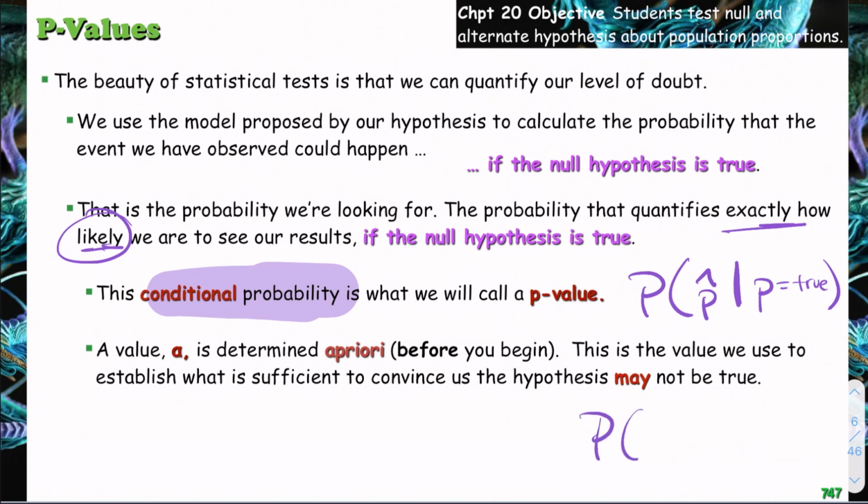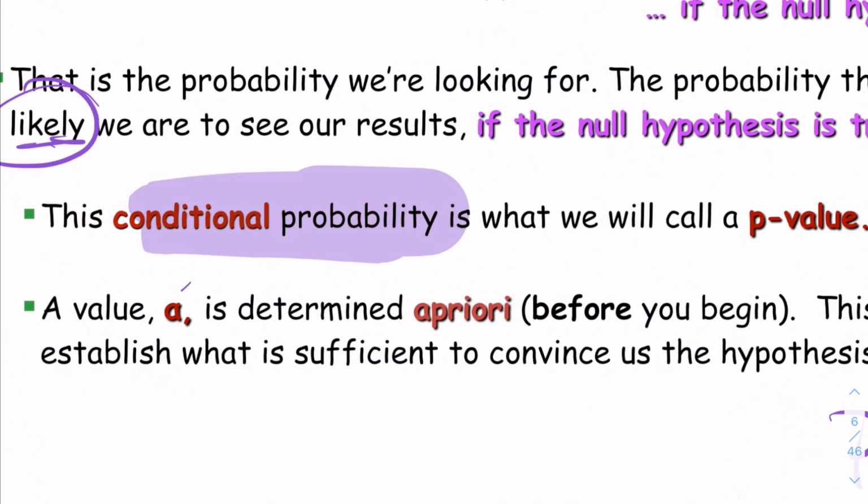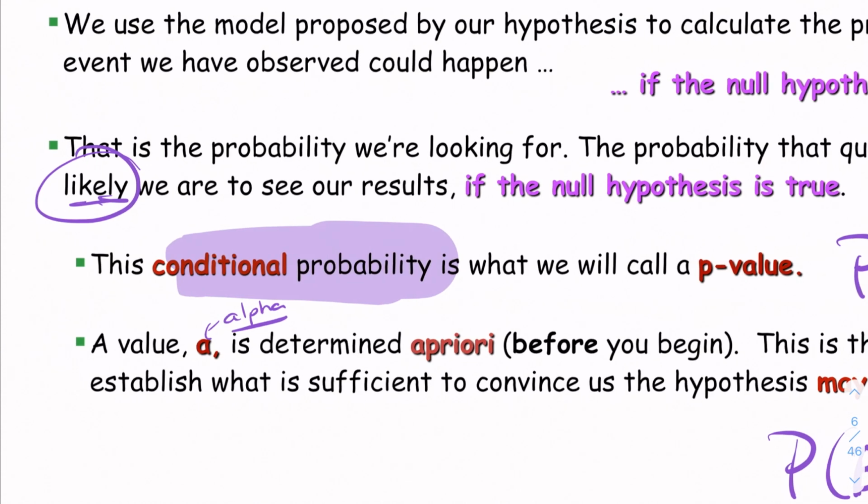Remember, probability of B given A is true is the probability of A and B divided by the probability of A. You should know that. So a value, alpha, this is alpha, not just A, is determined a priori, or before you begin.